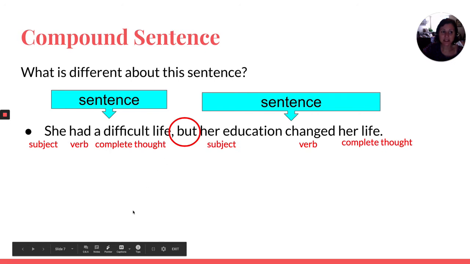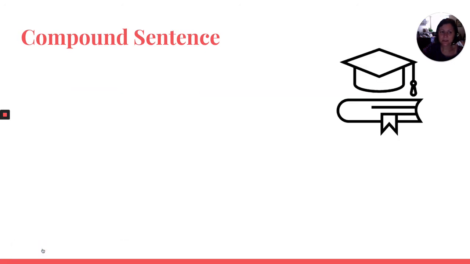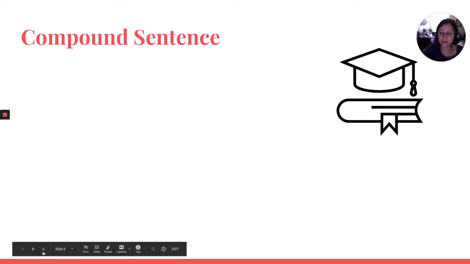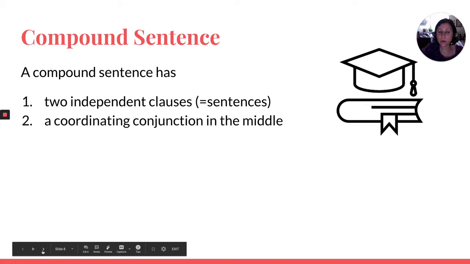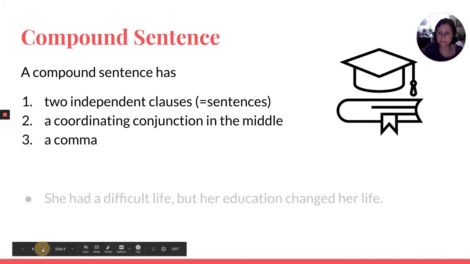It's called a conjunction. So let's review compound sentences. This is the second type of sentence structure. A compound sentence has 2 independent clauses or sentences and a coordinating conjunction in the middle and a comma.